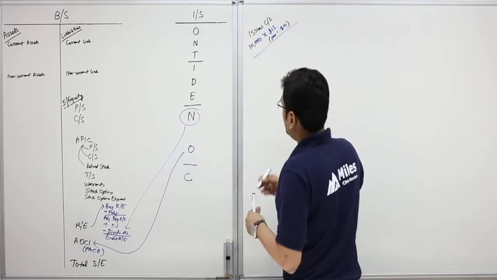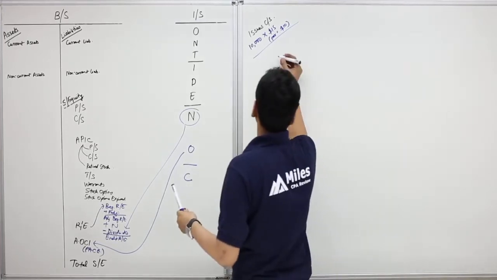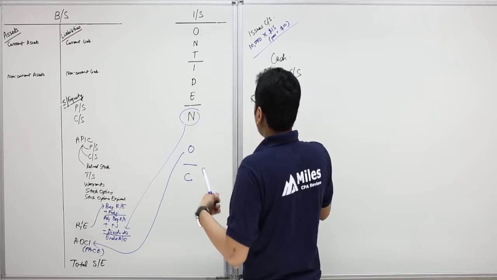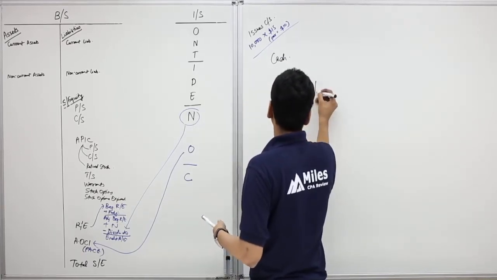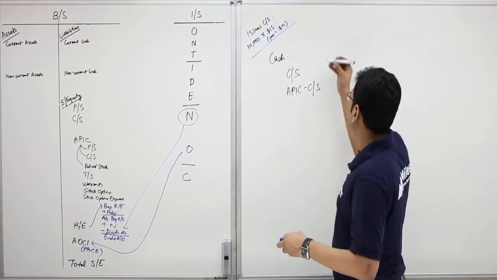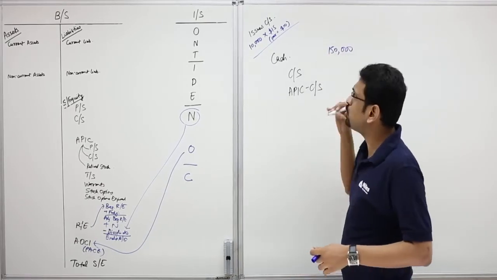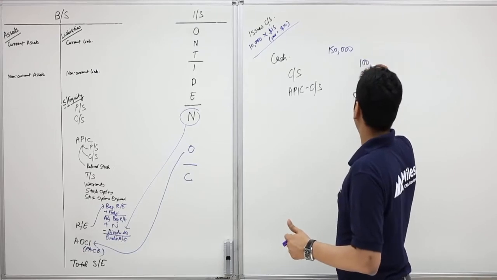So what's the journal entry here? Naturally, cash is coming for the company, so cash is debit. The credit is to common stock, and the excess of par goes to APIC common stock. So 10,000 shares at $15 each, that's $150,000 of cash coming in. How much goes to common stock? 10,000 into $10 par, $100,000.